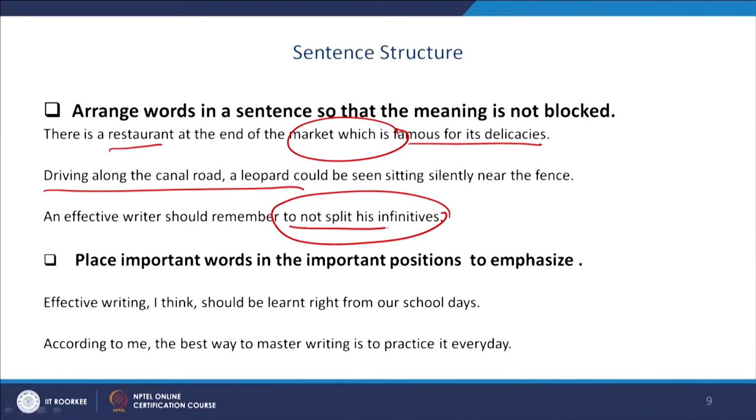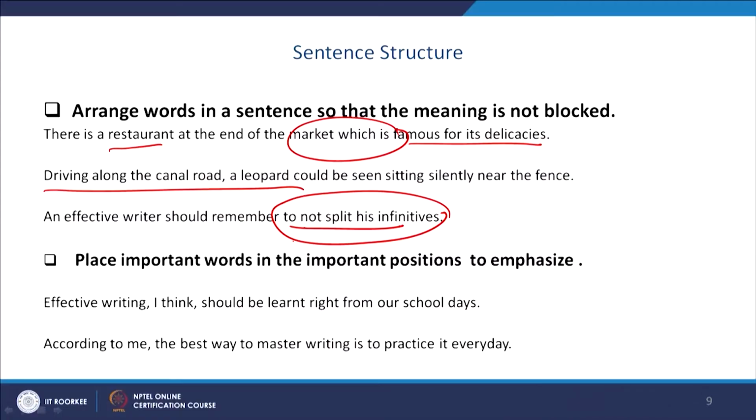If somebody says, as the sentence says, effective writers should remember to not split the infinitives, then as per the rule, what should be done is never ever bring any adverb between the infinitive, I mean between 'to' and the verb.